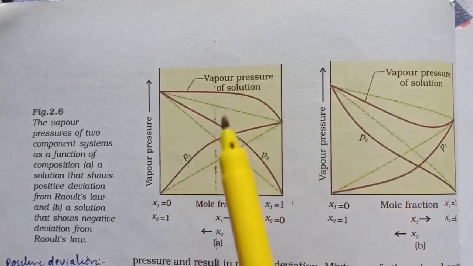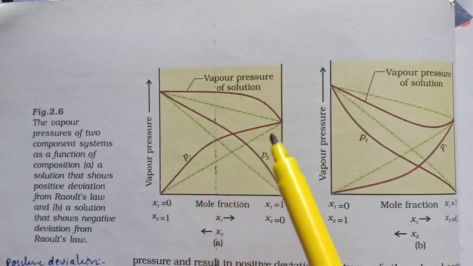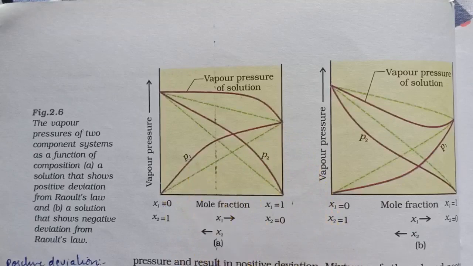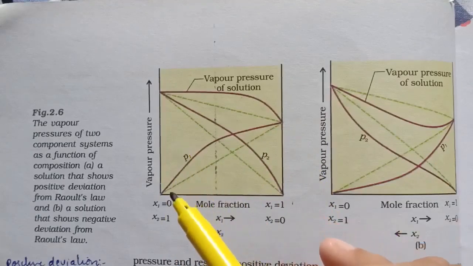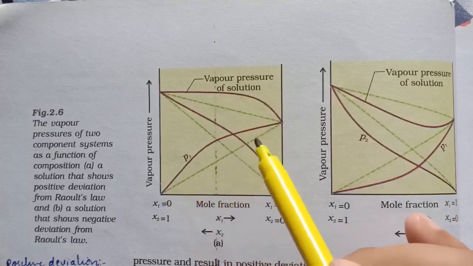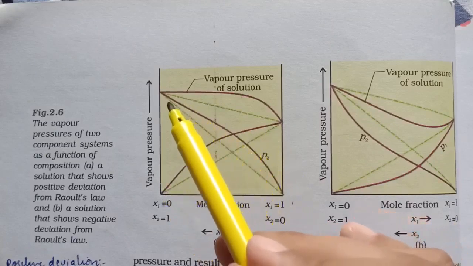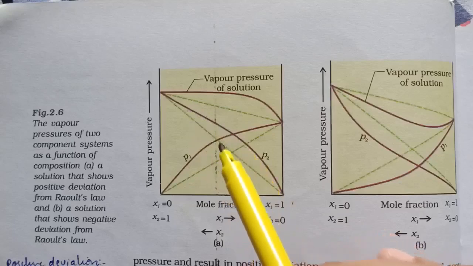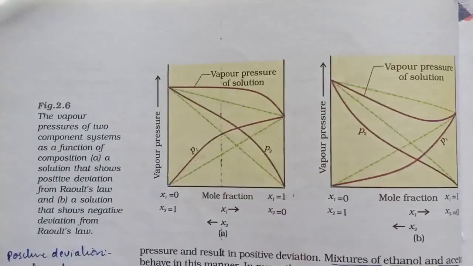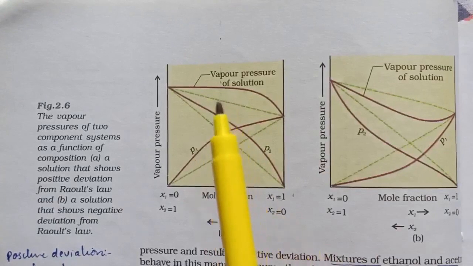In case of positive deviation, this is the ideal line. Now in case of positive deviation, this P1 is greater than XA into PA naught, so this line is above the ideal line. Similarly for P2, this line is above the ideal line, and the P total is also greater than predicted by Raoult's law.